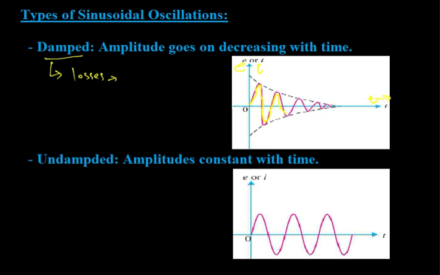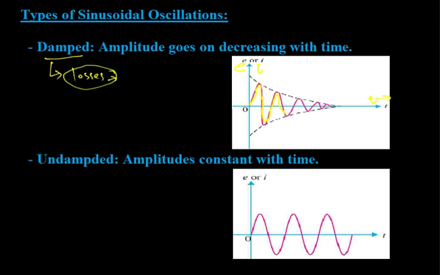Due to these losses, the amplitude of the signal or the output wave decreases with time. They are called damped oscillations. So the damping is due to the losses in the circuit.